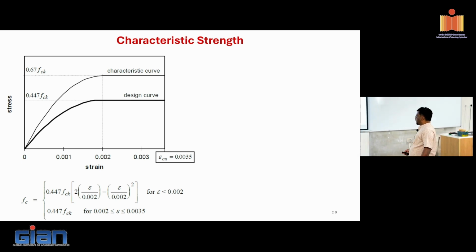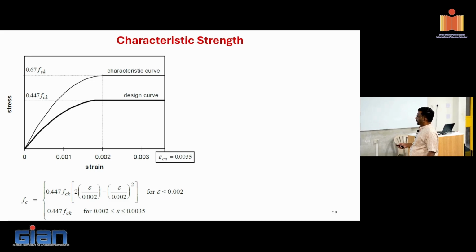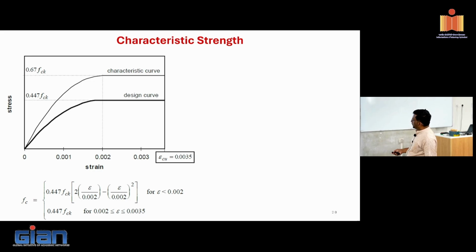Anyway, these are the design stress-strain curves that we use, right? And typically for concrete strength less than 40 megapascal, we can use this, which is a parabolic model, and the peak strain corresponding to the peak strength is taken as 0.002. Anything above this 0.002 strain, we keep constant.